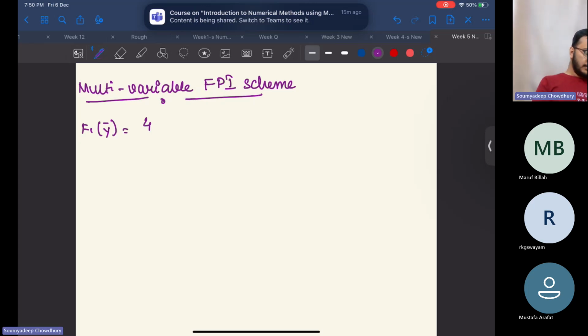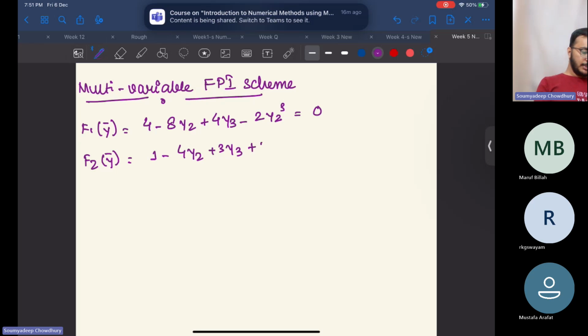First equation is 4 minus 8y2 plus 4y3, and second equation is 1 minus 4y2 plus 3y3 plus y3 square equals 0.